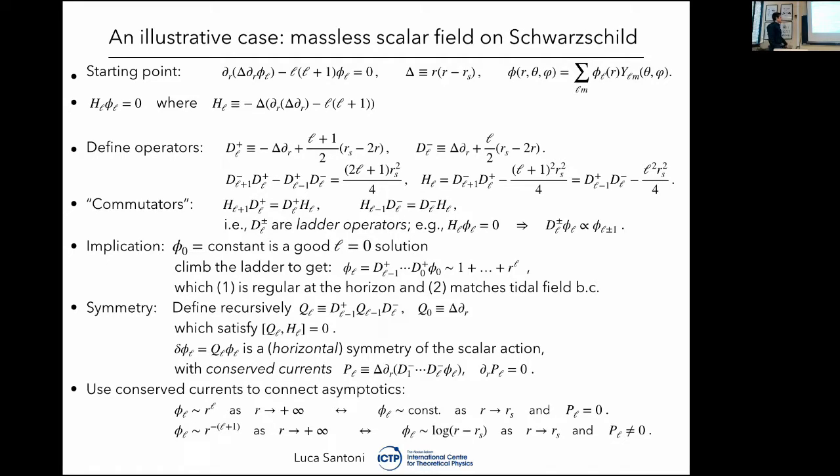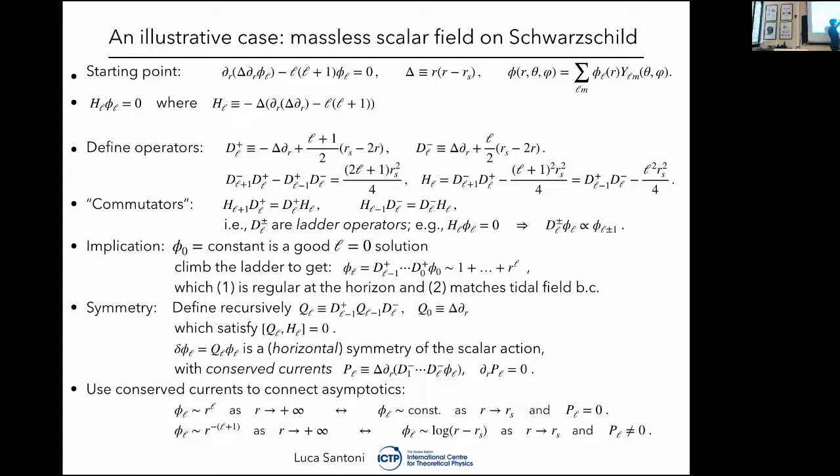And let's consider an example. For instance, let's look at the Hamiltonian H_L again. For L equals 0, it's pretty clear that phi_0 equal to a constant is a good solution. Now imagine that I want to construct all the other solutions, just a matter of acting with the D plus operator until up to the L level.